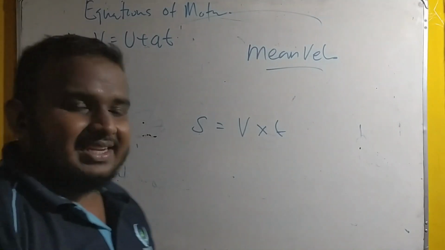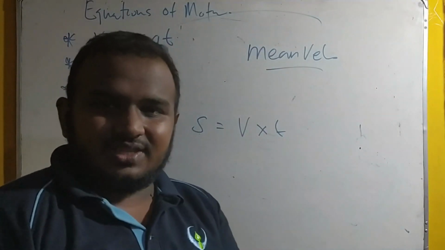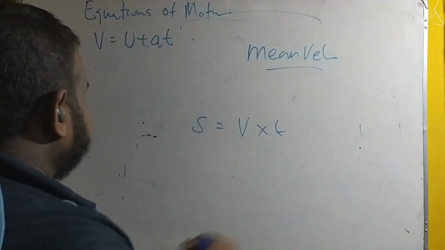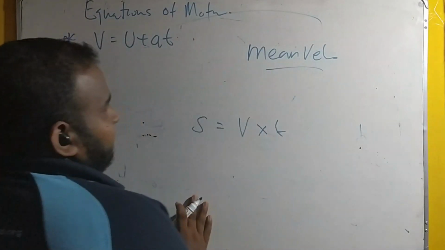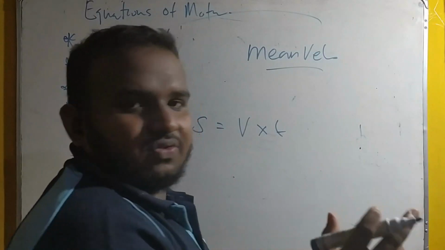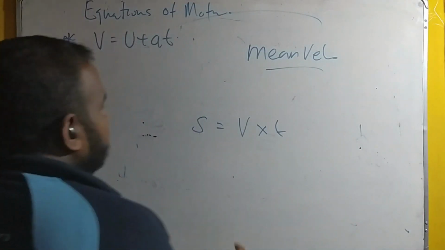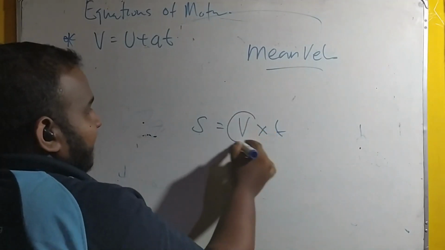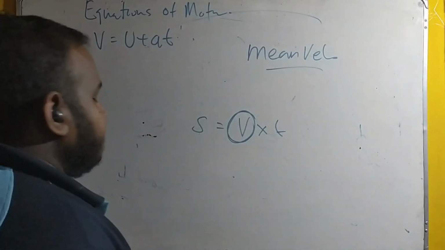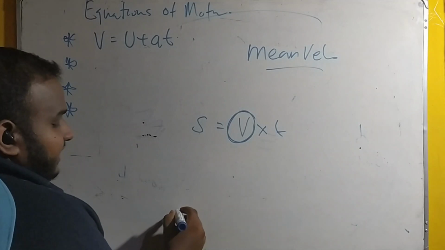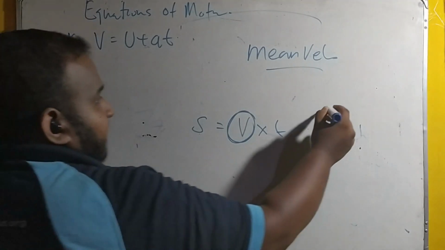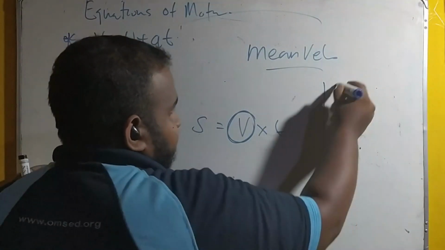I said that in each and every second our velocities are changing. So mean velocity means the average of changing velocity. So here, for this changing velocity, for example, let's say that there is an apple on a tree.